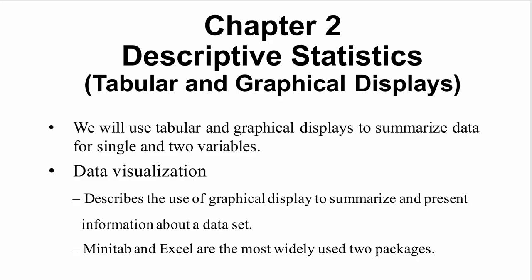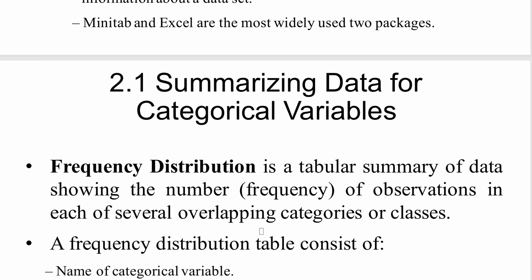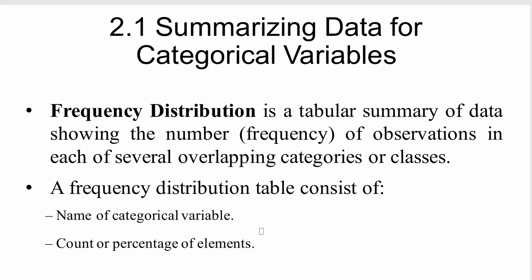Descriptive statistics is all about using different ways to summarize the data. In our first instance, we're going to learn how we can use visual tools like bar chart and histogram to describe or to summarize and present our information about a certain data set. And so the first thing we're going to do here is learn how we can summarize data for categorical variables.